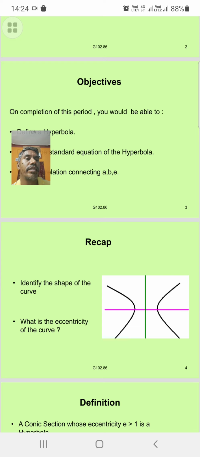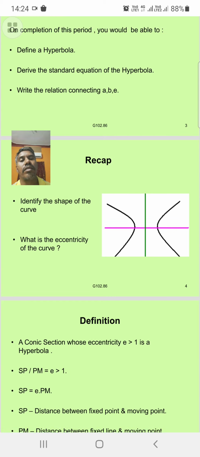So in the examination, there is a chance of a question, because this formula is useful for parabola, ellipse, and hyperbola. So this is a common formula for three chapters. Every chapter contains some problems.